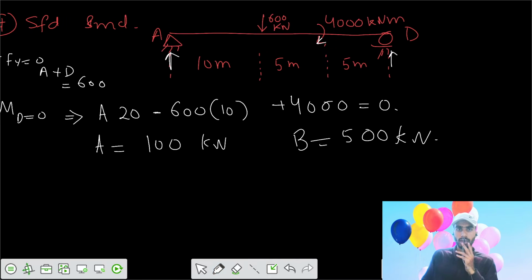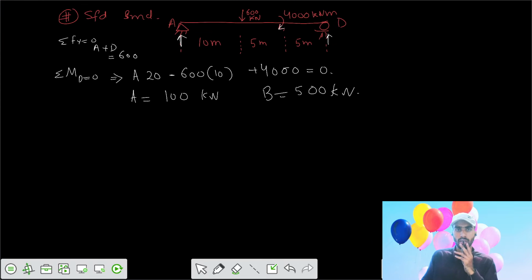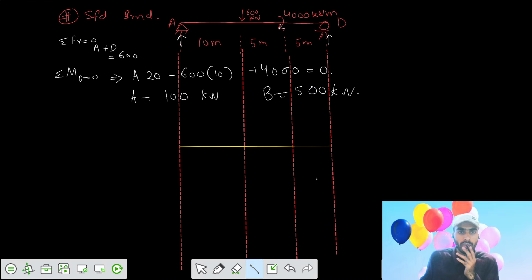If we want to make it directly, we can say the shear force at A equals the reaction at A, the value is 100.